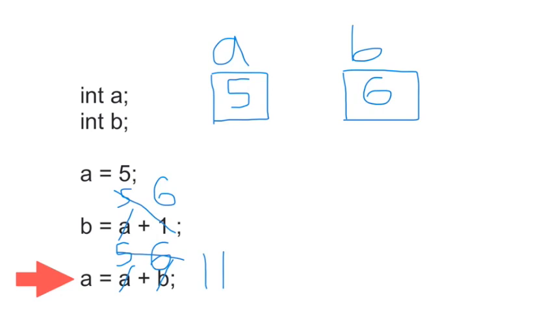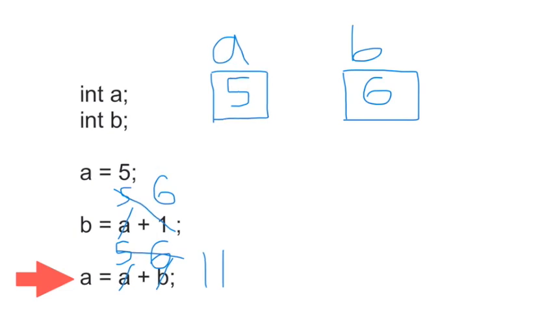So really this statement reads a is assigned the value 11, and so we remove the 5 that was in a before, and write in 11. And so at the end of this piece of code, the value of the variable a is 11, and the value of the variable b is 6.